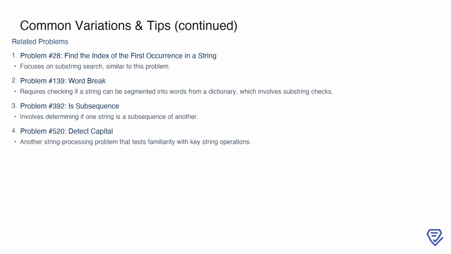Problem 392, is subsequence, is another related challenge, where you determine if one string can be derived as a subsequence of another. Finally, there's problem 520, detect capital, which tests your familiarity with string operations like handling case sensitivity. Exploring these problems can help you develop a deeper understanding of string manipulation and common patterns in competitive programming.